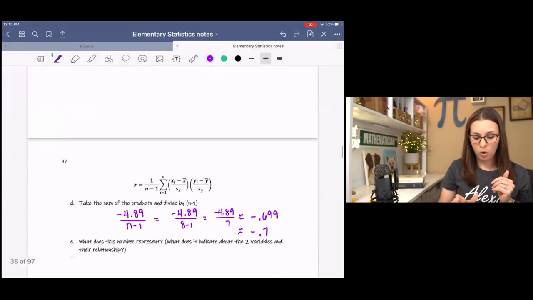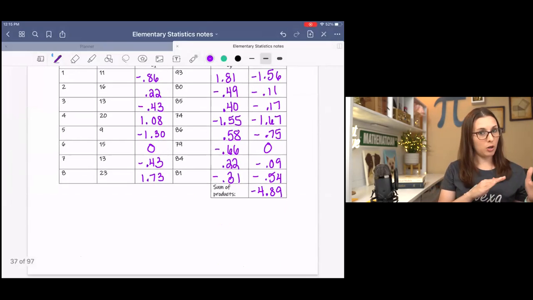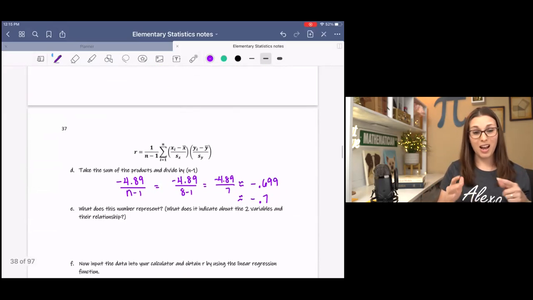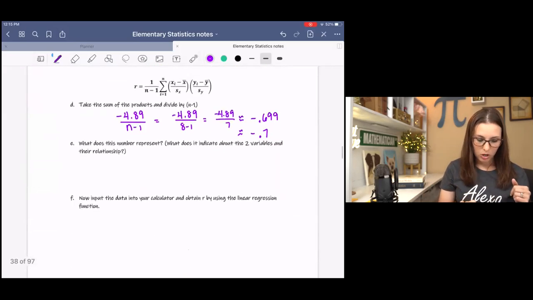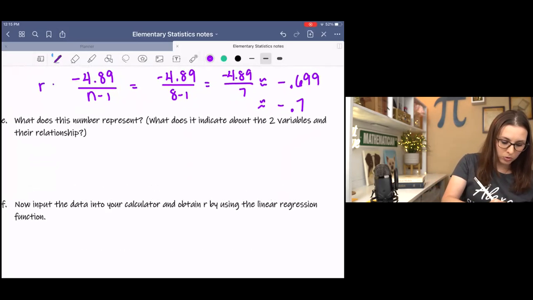And then I won't round to one decimal place until the very last step. And that's going to prevent a lot of error. So as you go forward in statistics, when you're doing things by hand, when you're working on the formula, you might go a little bit further than the rule of thumb, and then use the rule of thumb as your last step. So we got negative 0.7 for our R value.